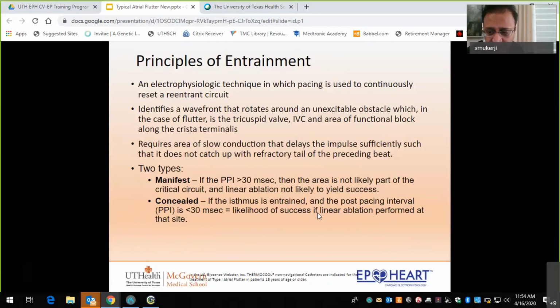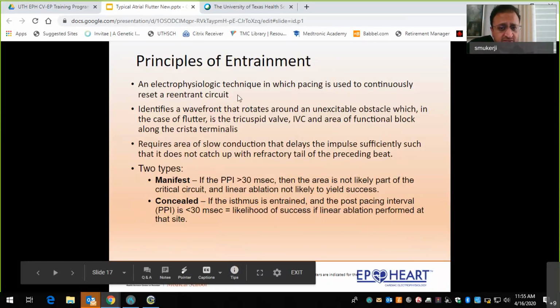Again, it's not set in stone, and there are lots of caveats and there are lots of ifs and buts, but this is one way of looking at it in the cath lab. Because when you see the morphology completely different, then you know it's manifest entrainment. That helps a lot when we're doing VT ablations. But let's focus on the slide for a second. So what is entrainment?